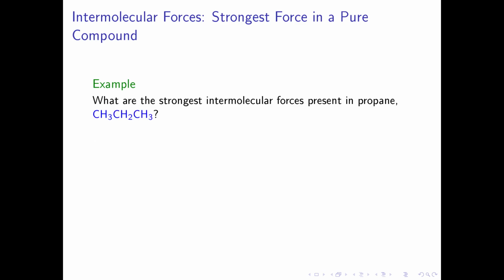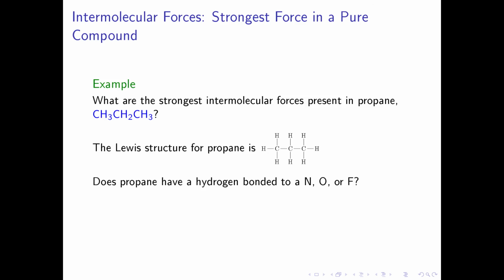Now let's consider what the strongest intermolecular forces are that are present in propane, CH3CH2CH3. First, the Lewis structure for propane is seen to the right. Our first question, does propane have a hydrogen bonded to a nitrogen, oxygen, or fluorine? It is clear from the structure that this is not the case.